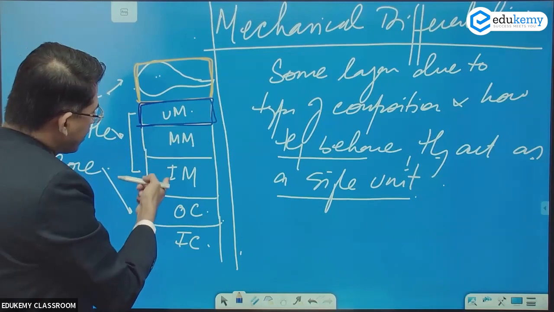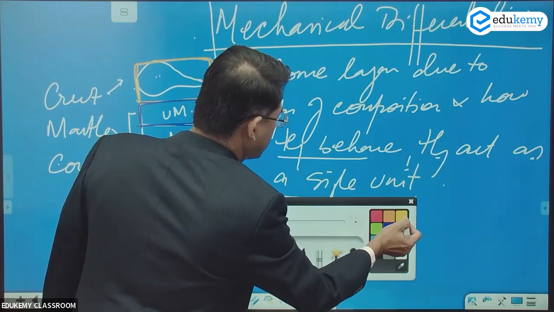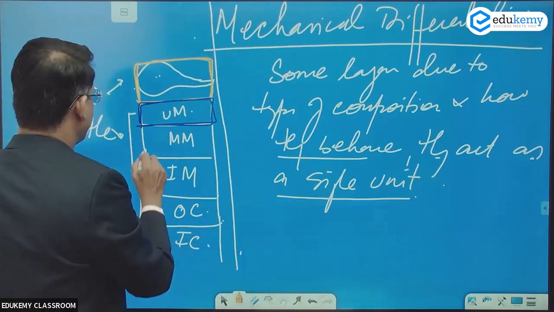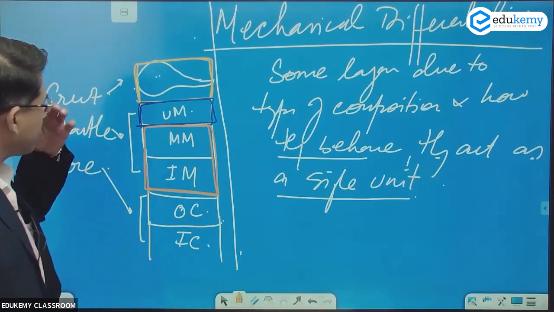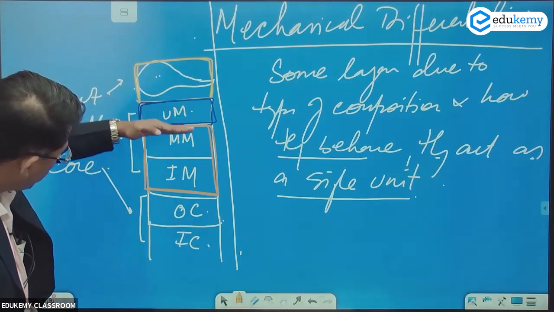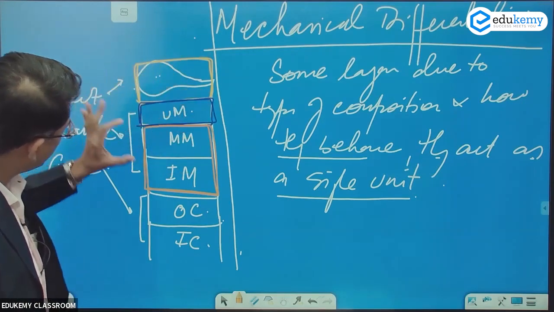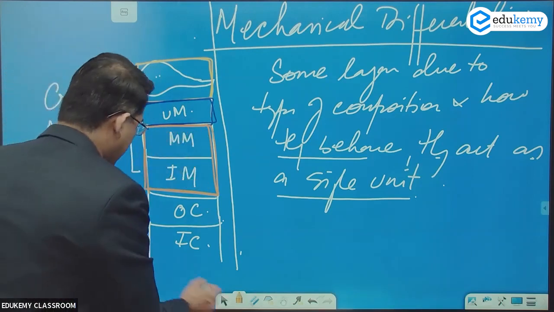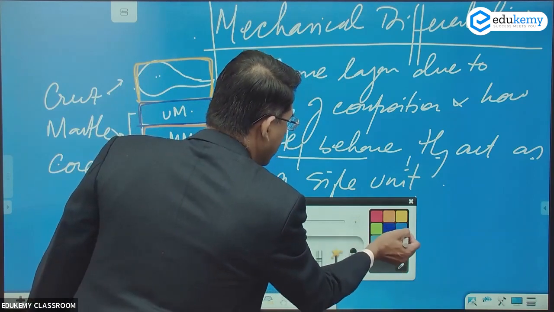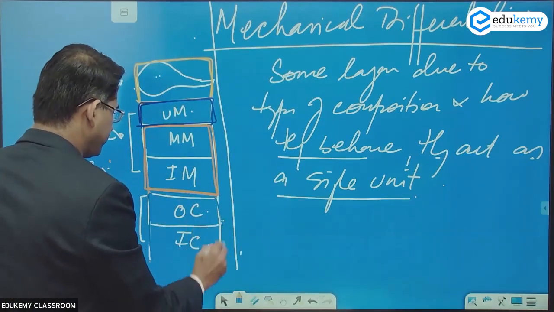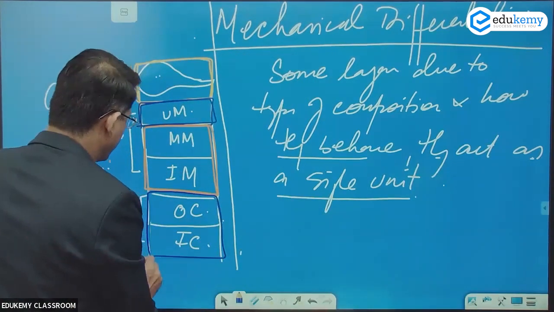The middle mantle and the inner mantle act as another single unit. So rather than crust, upper mantle, middle mantle, inner mantle, this becomes 1 unit, this becomes 1 unit, and in some ways even this acts as a single unit.